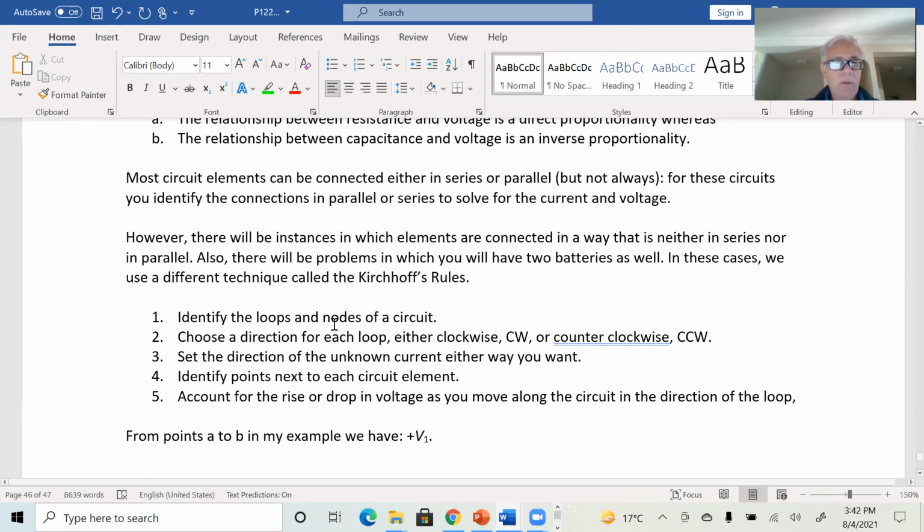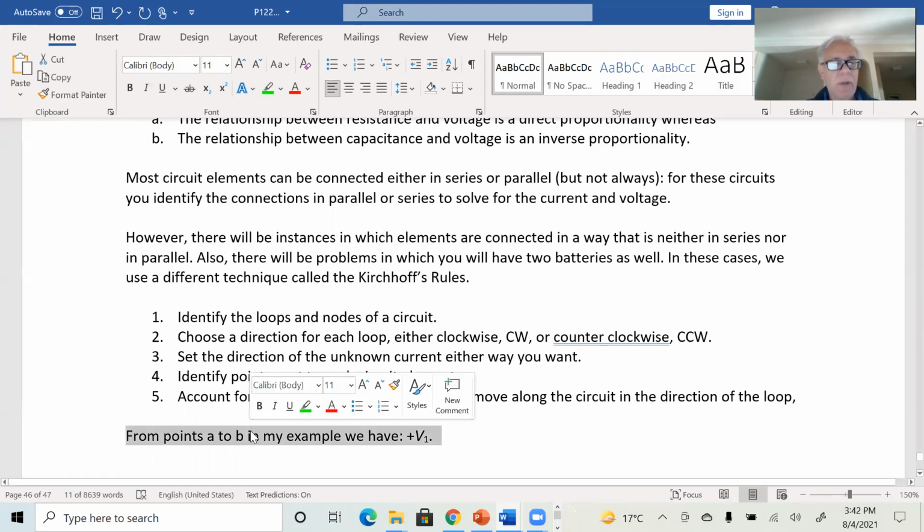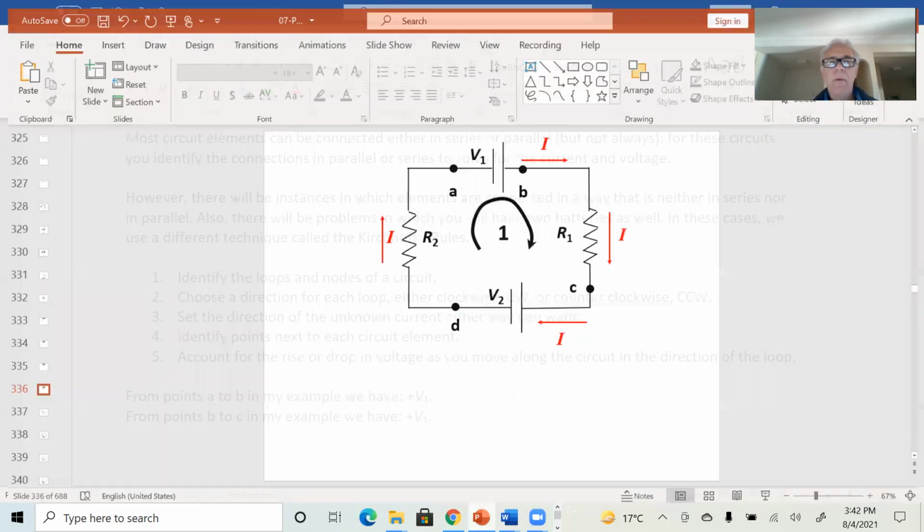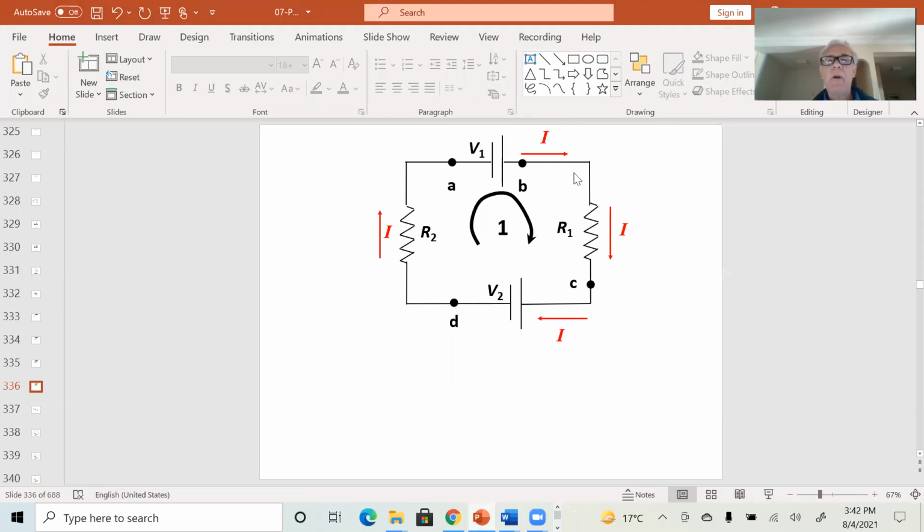What about from B to C? Let's see what happens from B to C. From B to C, we are crossing a resistor, and we are going in the same direction as the current. Because we are moving in the same direction as the current, we are going to have a drop in electric potential. That's going to be given by Ohm's law.